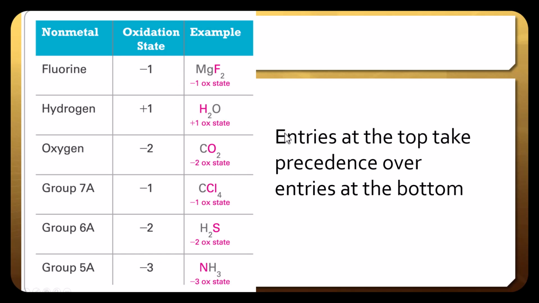So we would assign fluorine first, then just give 5A whatever's left. Fluorine, if that's an option, will always be a -1. Hydrogen, if that's an option, will be a +1. Quite often, oxygen is a -2. And then groups 7, 6, 5 just follow their charges.